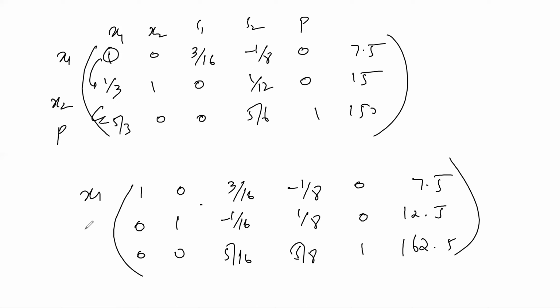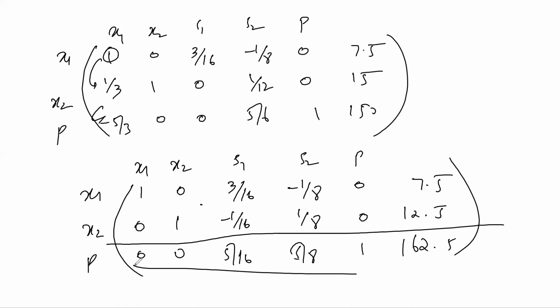This is x1, x2, s1, s2, and p. Now we will see again in the bottom row, there is no negative number. It means that we are done with the simplex method.